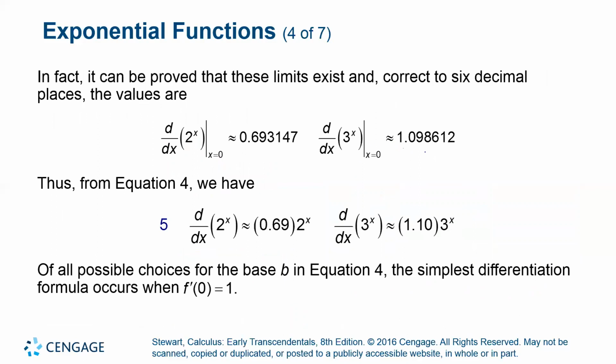Notice that the derivative of 3 to the x at x equal to 0 is approximately that, and that is from the limit as h goes to 0 of (3^h - 1)/h, and this value is actually equal to that.